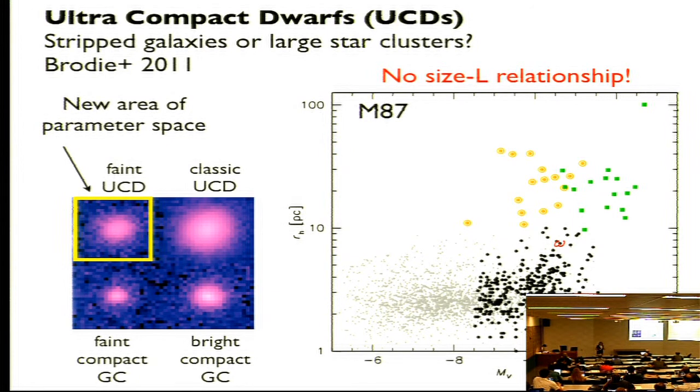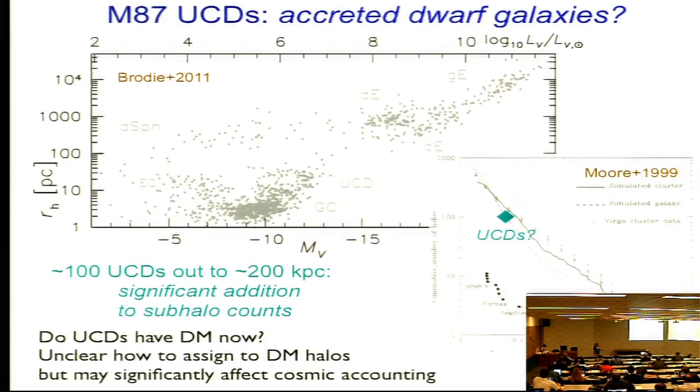Now, the reason I mention this to you in this group is that there's a lot of these things. So there's about 100 UCDs out to about 200 kiloparsecs in M87. If you look at this everything plot, I like this everything plot. It's half-light radius against absolute magnitude.